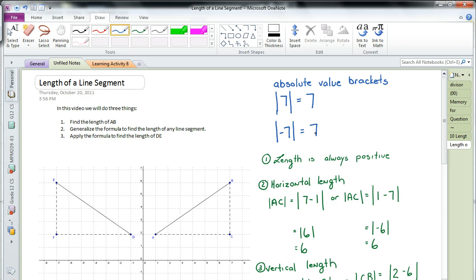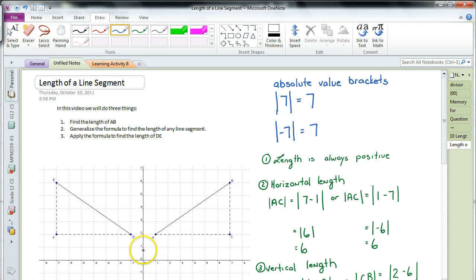So our approach to find the length of line segment AB is to first find the length of line segment AC, then find the length of line segment CB, and use the Pythagorean Theorem to find the length of line segment AB. When we're trying to find the length of AC, we can think of it as follows.